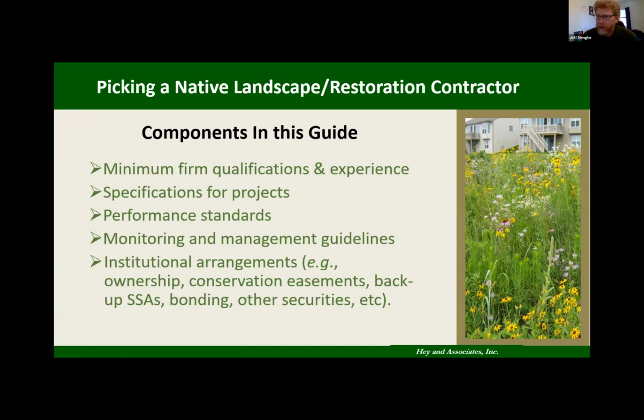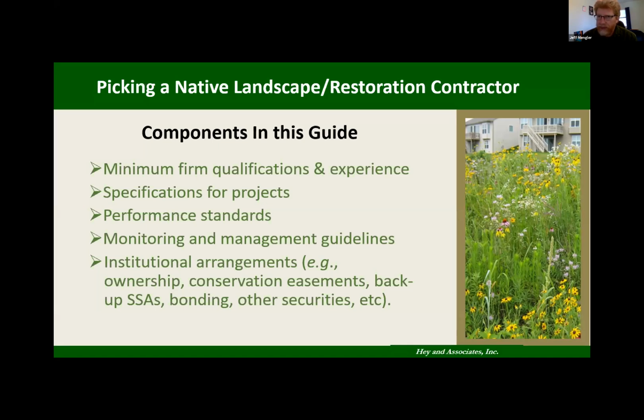So the components that were in this guidebook, which you can download in its entirety as a PDF, include minimum firm qualifications and experience that you should look for, how you can put together specifications for the projects, performance standards you might need to establish, monitoring and management guidelines.